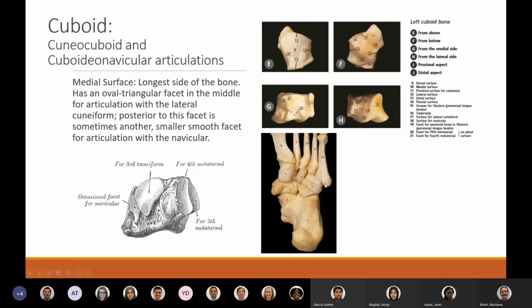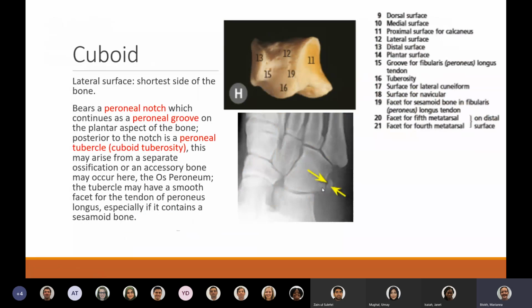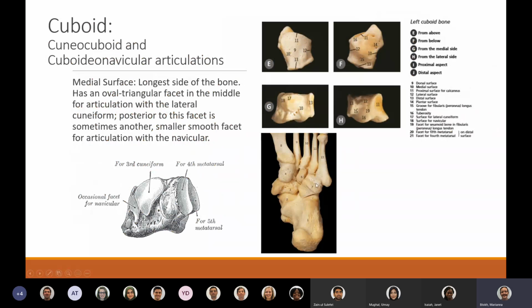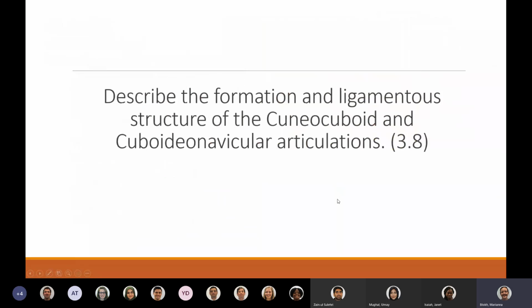We can see it here when it's articulated. Compare this side and this side. The lateral side is the shortest, and we have a peroneal notch. We have a notch over here and a notch over here, and it continues as a groove.